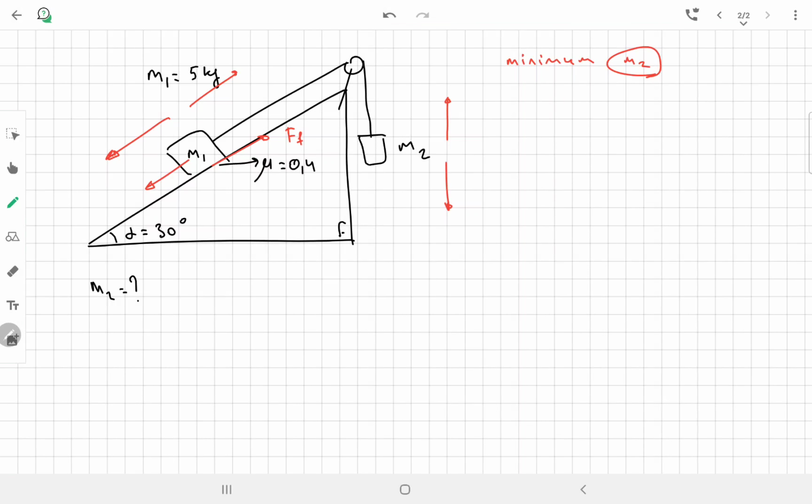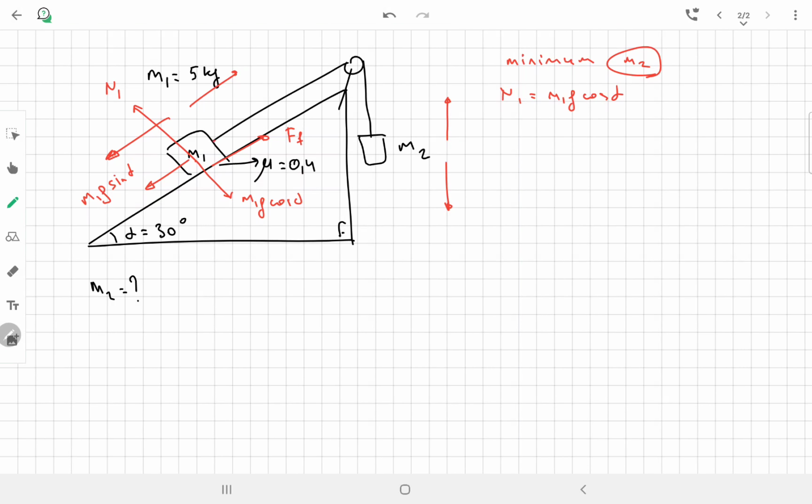And in this direction we have m1g sine alpha, as you know, the component of its own weight, and we have m1g cosine alpha and normal force N1. As you know, normal force equal to m1g cosine alpha in this case.